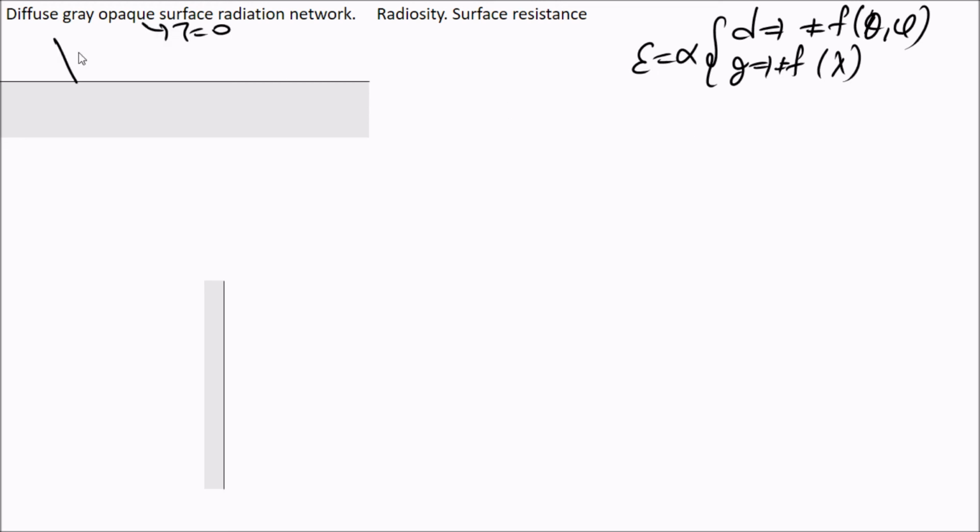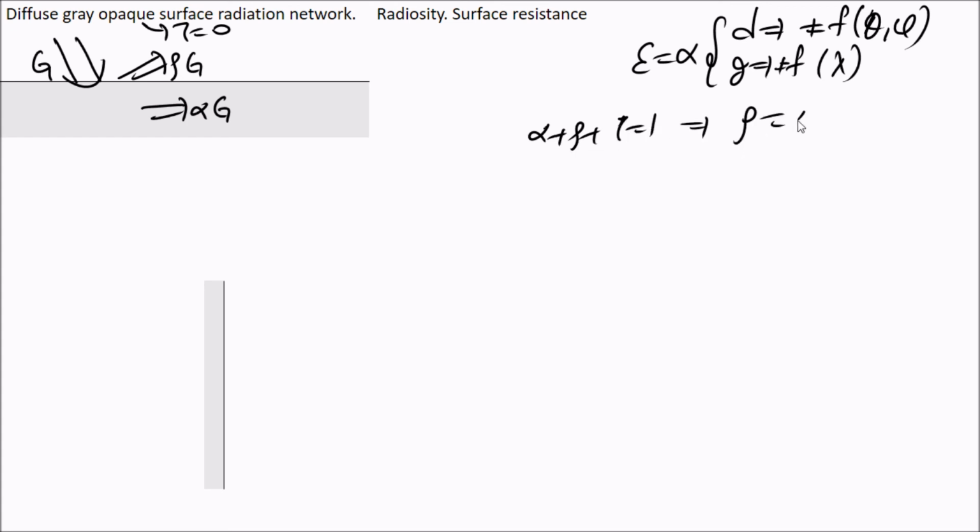Then if I write the general energy balance for the diffuse gray opaque surface, I will have some incident radiation, which is called irradiation, and part of it will be reflected and part of it will be absorbed. I also know that alpha plus rho plus tau is 1, and tau is 0 here, and therefore rho is 1 minus alpha. Alpha is the same as epsilon, so it is 1 minus epsilon.